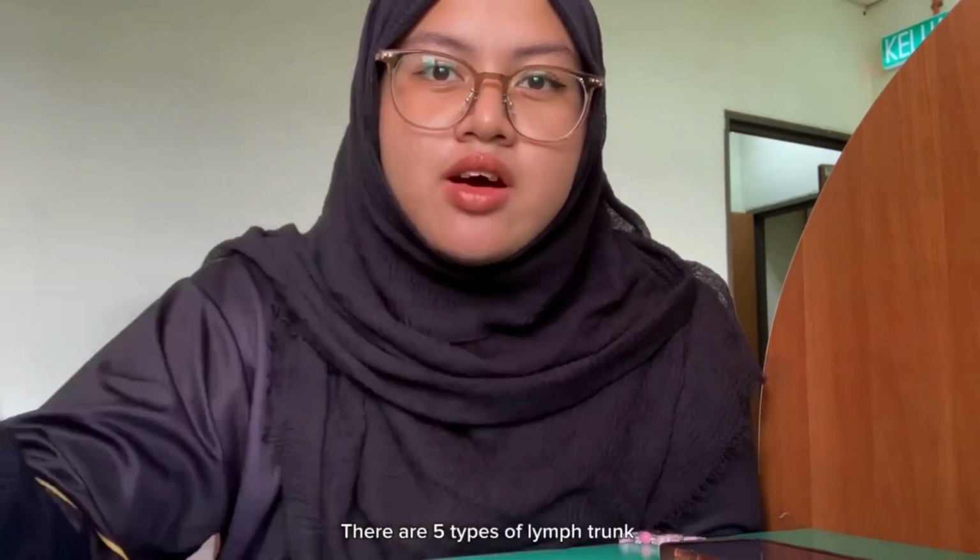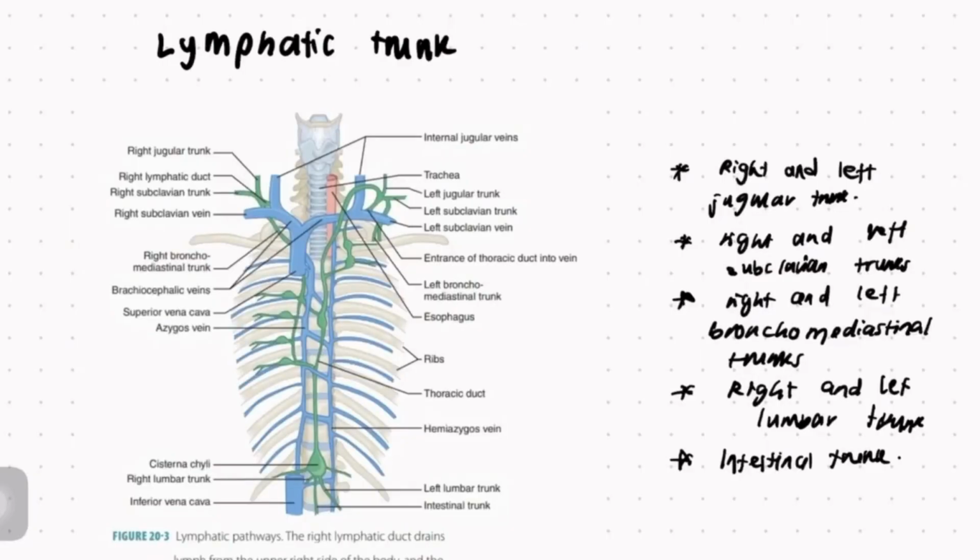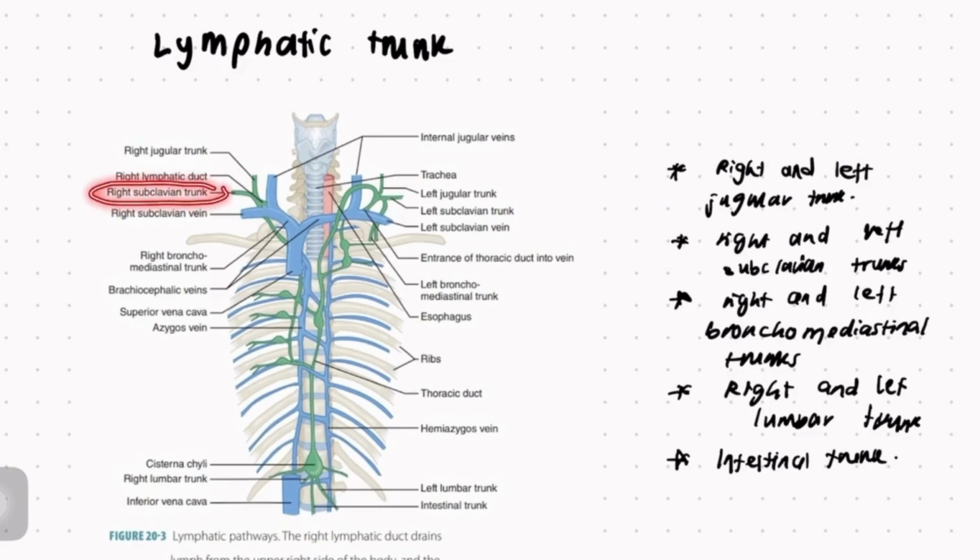There are 5 types of lymphatic trunks. The first one is the right jugular trunk and left jugular trunk. Then the right subclavian trunk and left subclavian trunk.